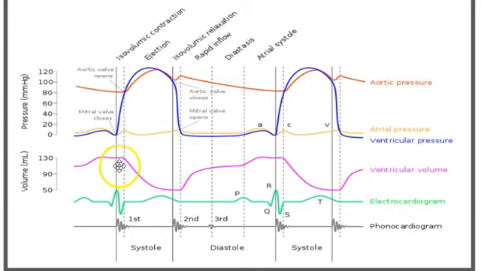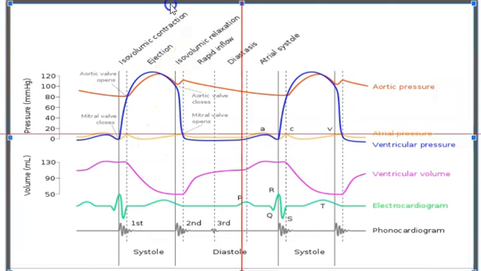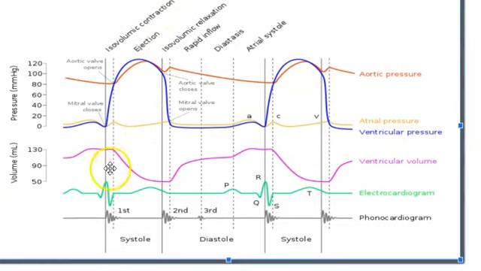And so you can see during contraction, the volume of blood has gone from 130 mLs down to about 50 mLs. That's about a 70 milliliter change. So the stroke volume during this ejection phase was about 70 mLs.